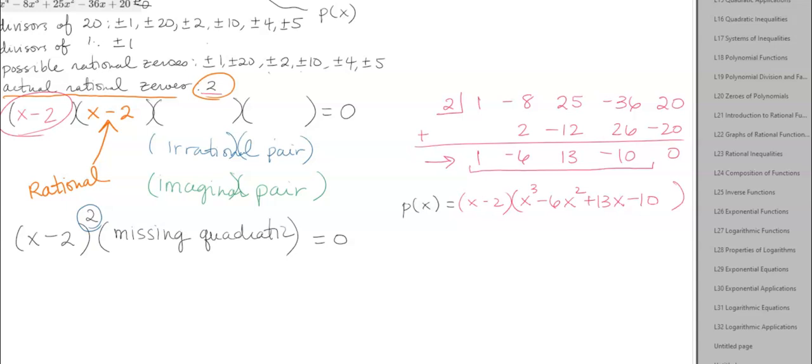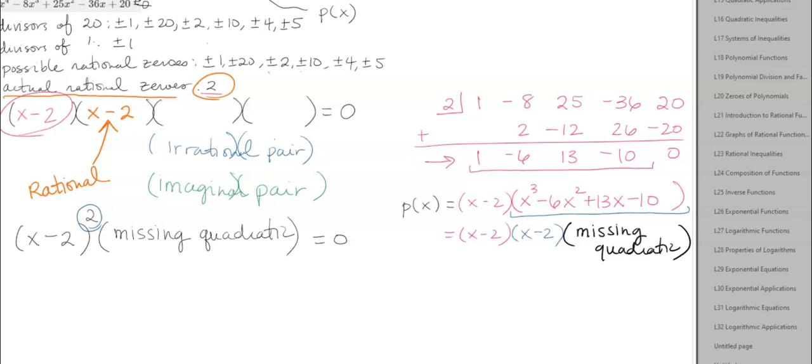Now, what we've said earlier is that as we continue to break this down, it must be that the x minus 2 shows up again within that. And then there's the missing quadratic that we still have not found yet.